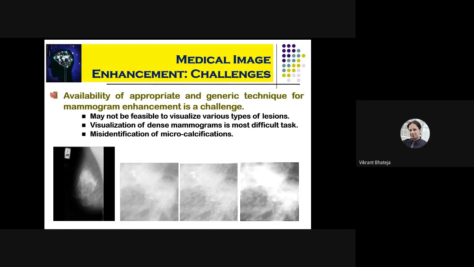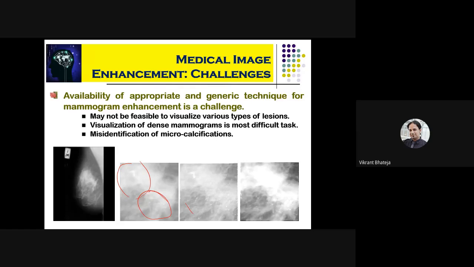Another thing you can see over here, suppose we have this image. Now this may appear as a normal image, but if you see the original part over here, a few dots are appearing, and certainly a microcalcification cluster is present over here. If you apply a normal algorithm there, there is not much change in the intensities, and again the image is unclear.